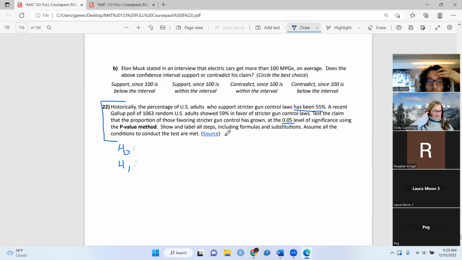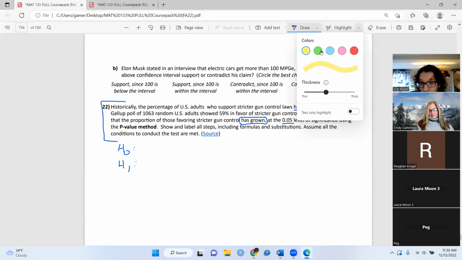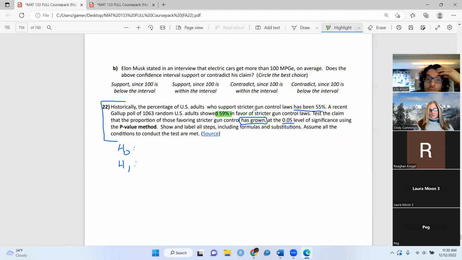And it's greater than because the 59% is greater. That's also another good thing when doing hypothesis testing for a single sample. If your sample proportion is larger than the P naught, then it has to be a greater than. Right. Well, we should be careful because it could also be a not equal to.